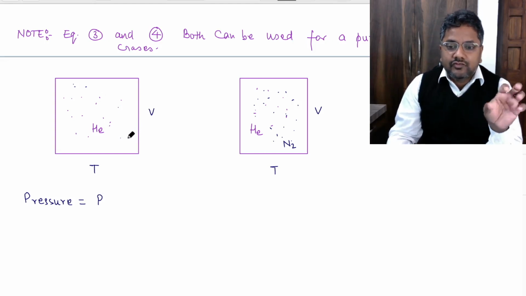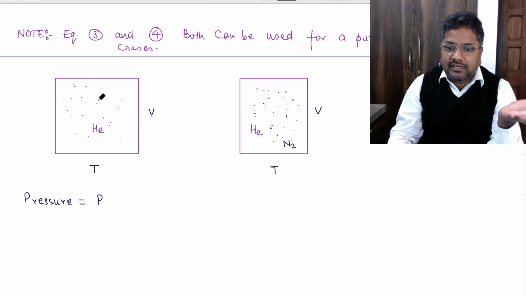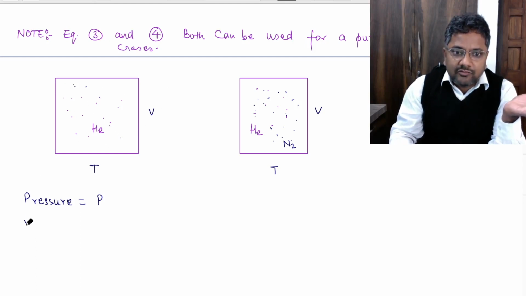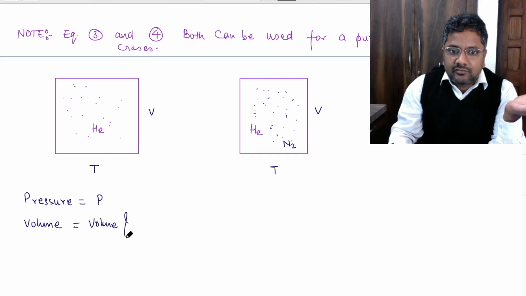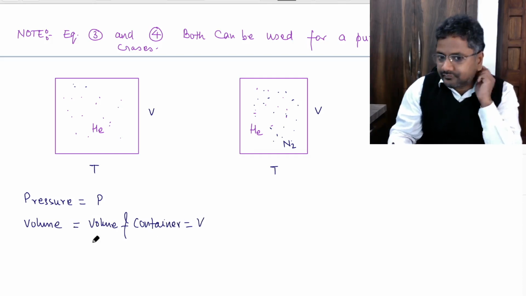There is no individual volume of gas; every gas occupies the volume of the container. So volume is equal to the volume of the container, and this is V.